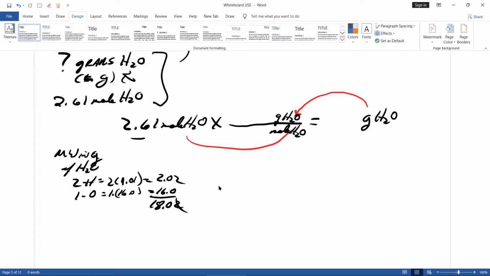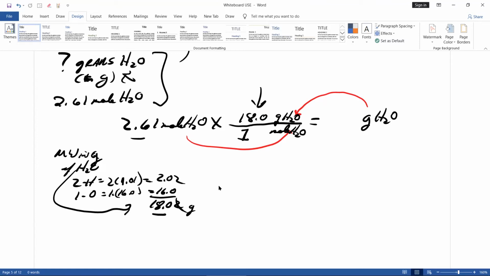And don't forget, use all atomic weights to 3 significant figures, and that makes your life easier. And that would be the molecular weight of water is 18.0 grams. And therefore, I can put in 1 mole of water is 18.0 grams.